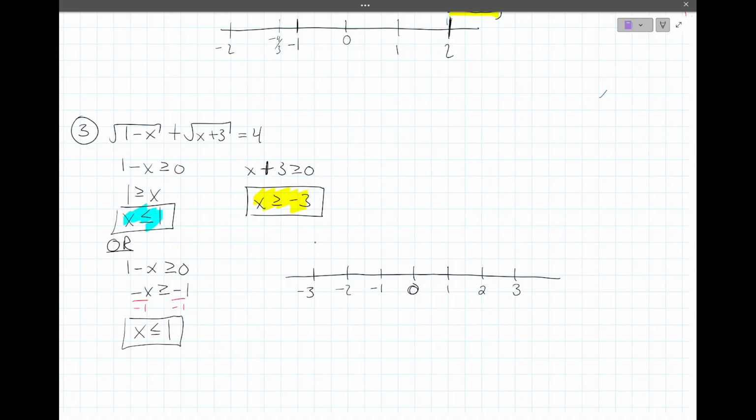I know x has to be greater than negative 3, so that one goes this way, and we're going to shade it like that. So that's that line. But then I also know that x has to be less than positive 1. And the shading goes here.